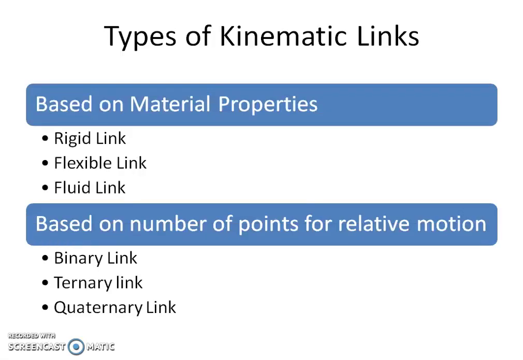But there are different types of kinematic links available in practice. They can be broadly classified based on the material properties. There are three types: rigid link, flexible link, and fluid link. Based on the number of points of relative motion, they can be classified as binary link, ternary link, and quaternary link.